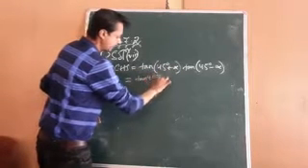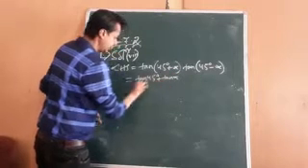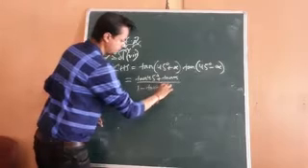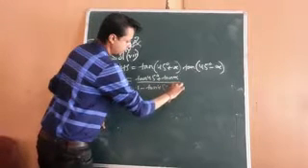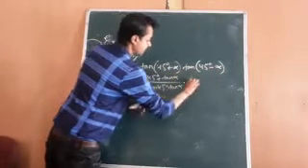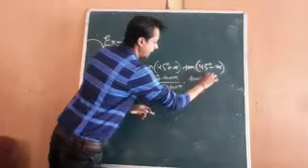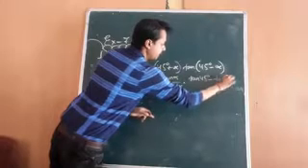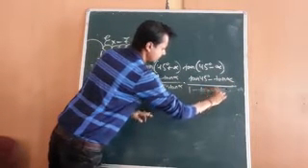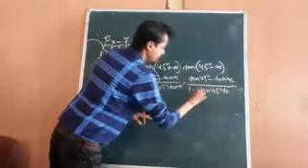tan(a+b) is (tan a + tan b) / (1 - tan a tan b), dot means multiplying tan(a-b). What is tan(a-b)? (tan a - tan b) / (1 + tan a tan b). Sorry, it will be plus.